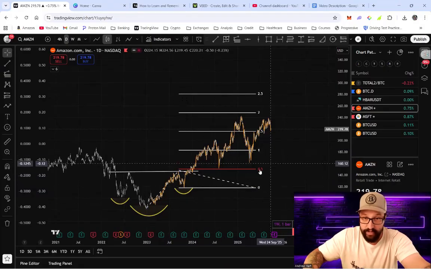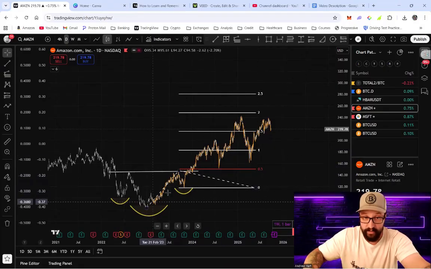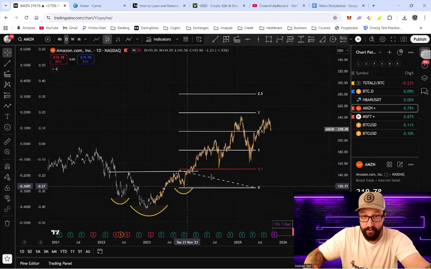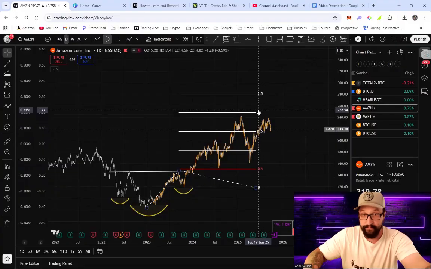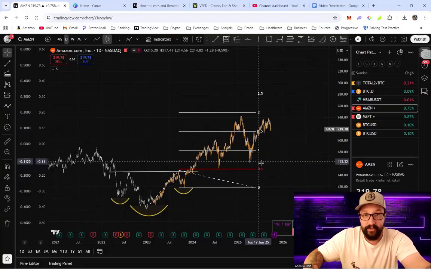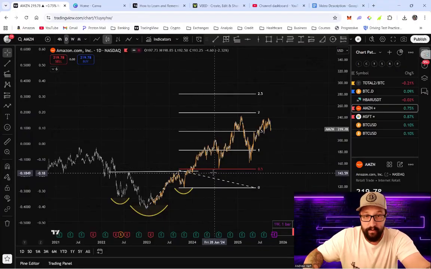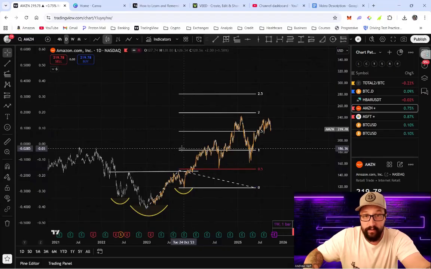So this move right here, 0.5, that would be 50% of this move projected from this low. 1 would be 100%, 1.5 would be 150%, 2 would be 200%. So you can see how the markets actually respect these levels quite a bit, where these levels actually end up being support and resistance lines as well.